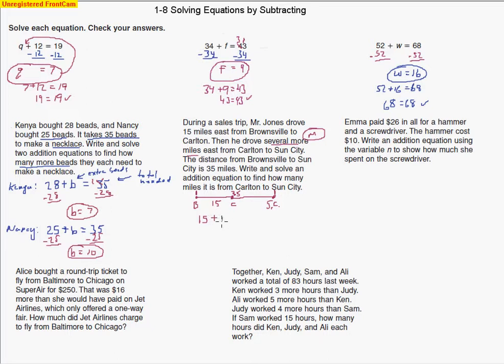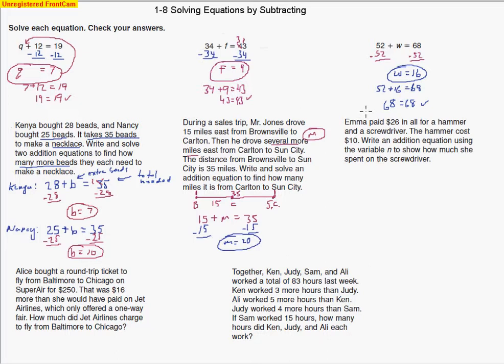We're going to add some extra miles because we drove further. We don't know how many miles, so that's why I put the variable m. And the total number of miles is 35. So now I've got my equation set up. To solve, I'm just doing a subtraction problem, subtracting 15 from all sides. That gives me m equals 20. So it's 20 miles from Carlton to Sun City.